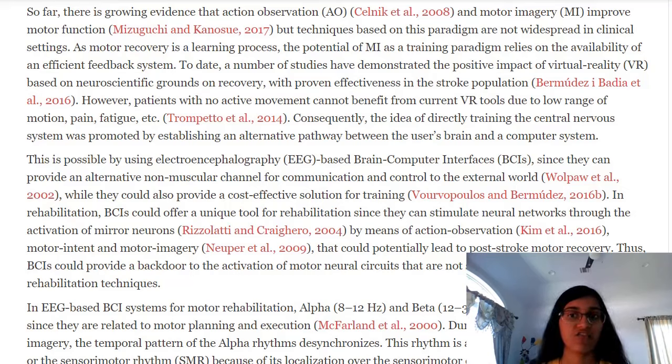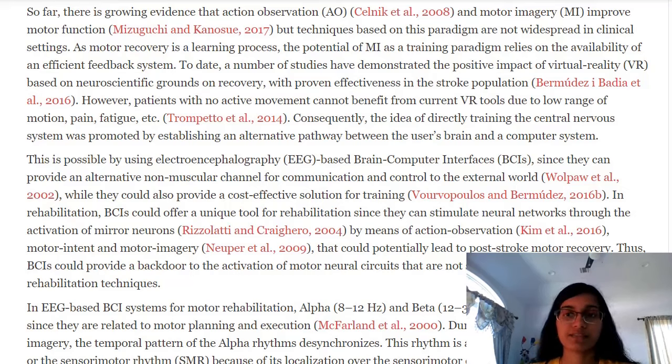If a person does not have the appropriate range of motion, or has trouble moving certain limbs, or their head, or whatever it may be, then they might not be able to use current VR tools properly.